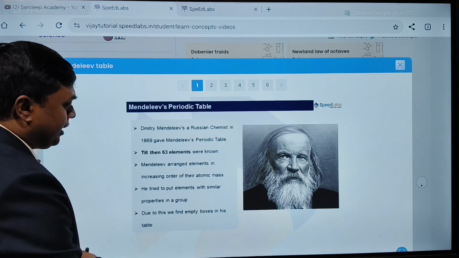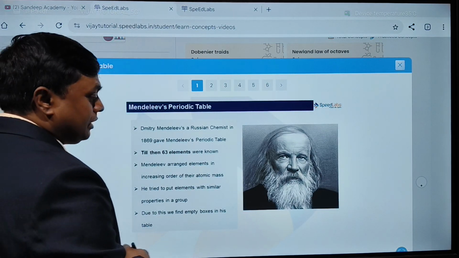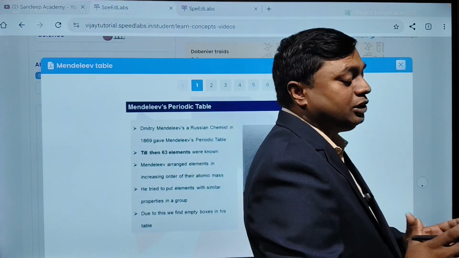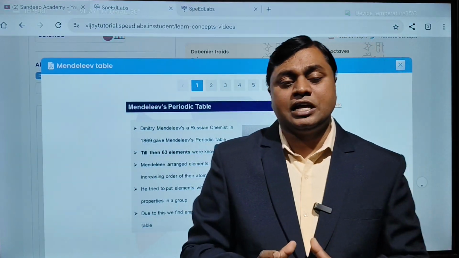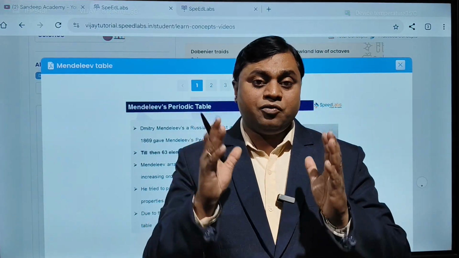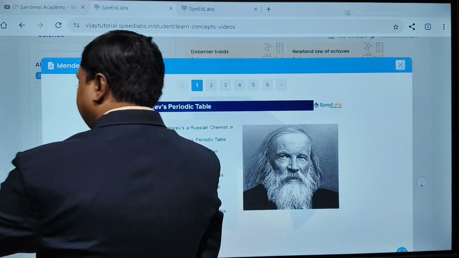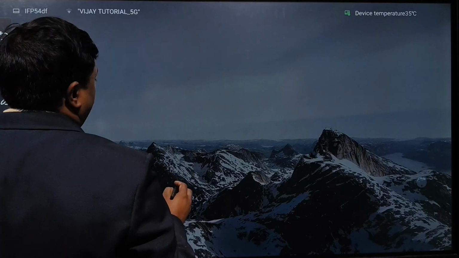Due to this, we find empty boxes in the table. He was the first scientist who tried to arrange the elements in horizontal rows and vertical columns like this.